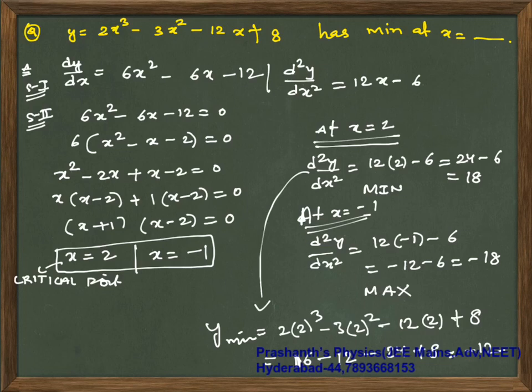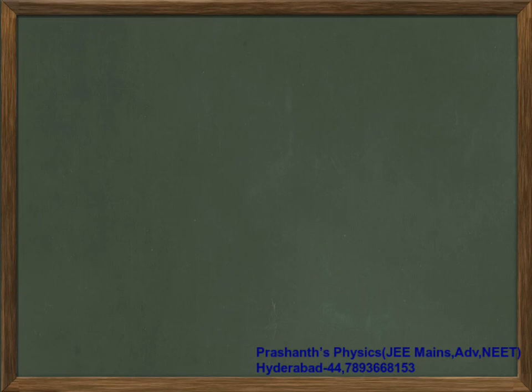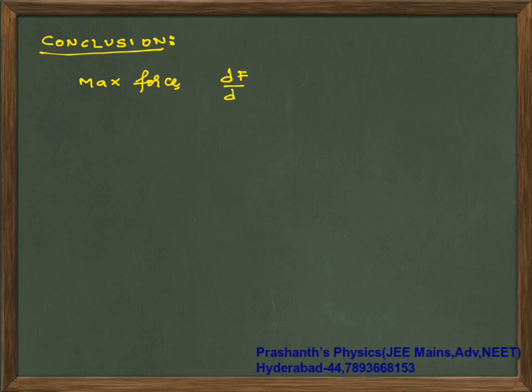From this I can give a conclusion: in physics, whenever you see the word maximum value of a force or minimum value of a force, if that force is varying with respect to time, do dF by dt equal to 0, get the value of t, and calculate F of t to get the maximum value.